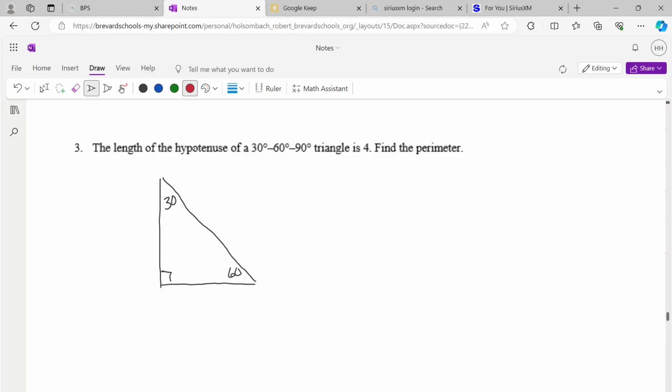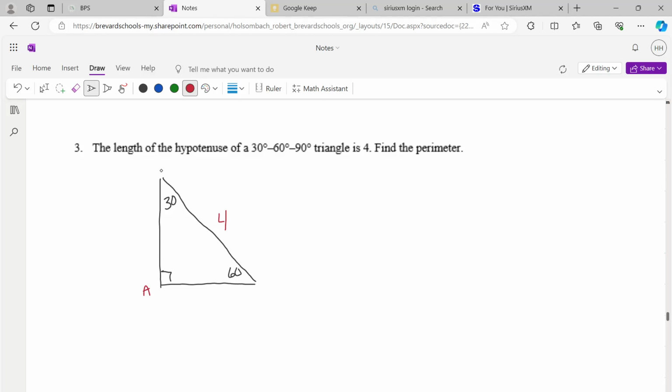So here's our 30, 60, 90. The hypotenuse is across from, or opposite, the 90-degree angle, and it is 4. You need to find the perimeter.